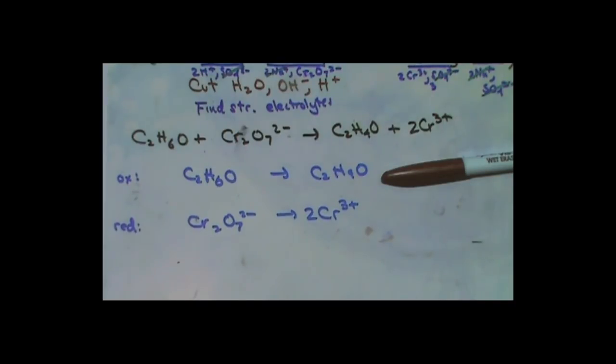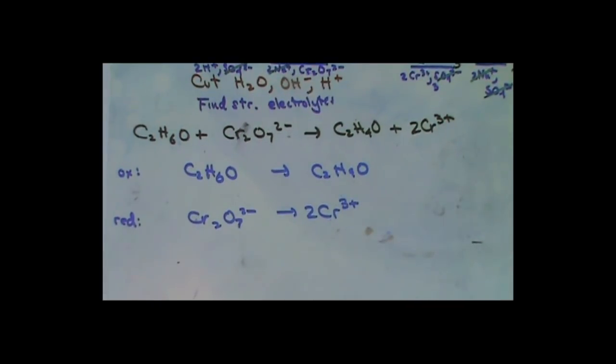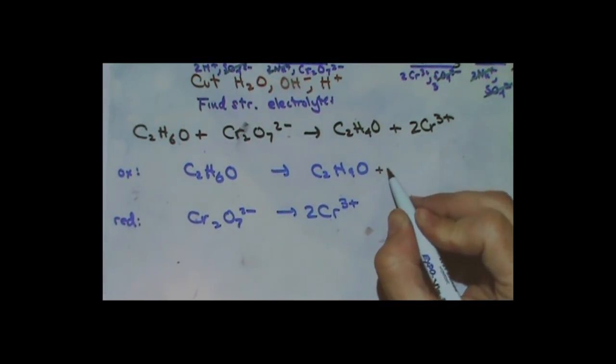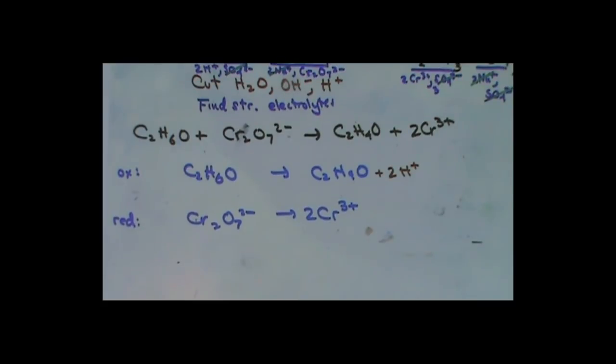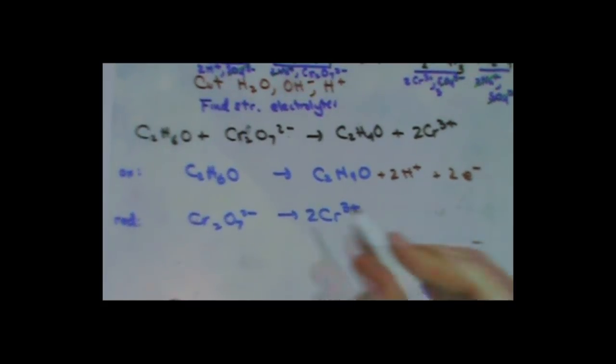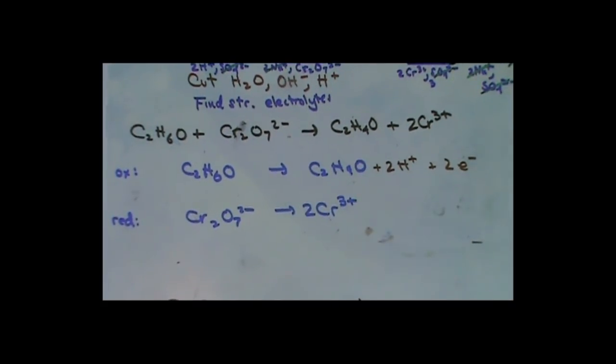Step 3, balance the hydrogens with H+. I've got 6 here and 4 there, so plus 2H+. Step 4, balance the charge with electrons. Will I put the electrons on the right or the left? How many? Just 2, because plus 2 minus 2 gives a 0 overall charge on both sides.